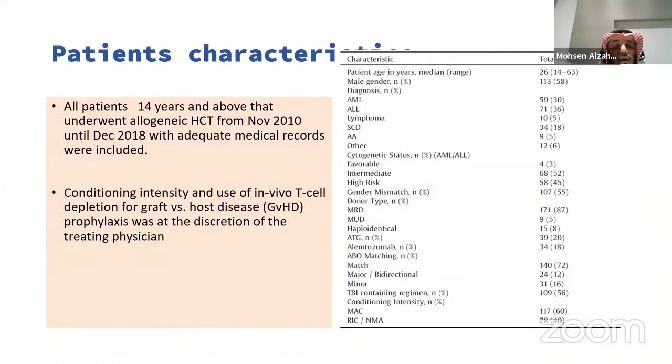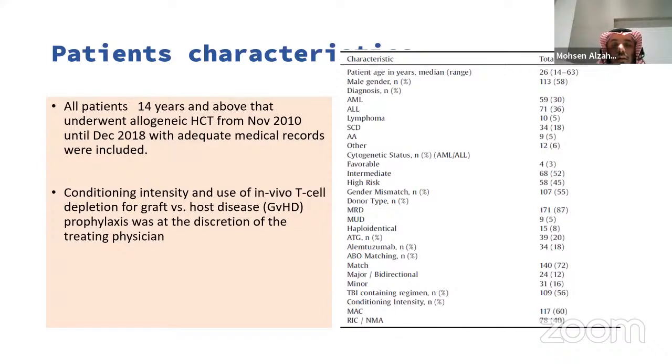In our transplant center, adult age is above 14, so we included all adult patients in the period from November 2010 until December 2018, and the median age was 26 years old.